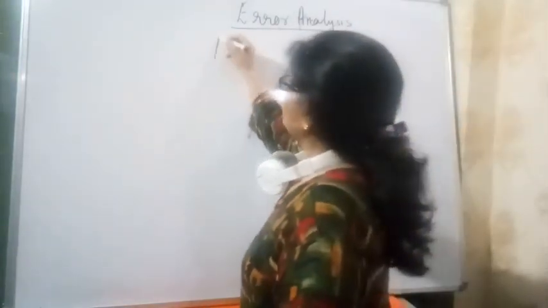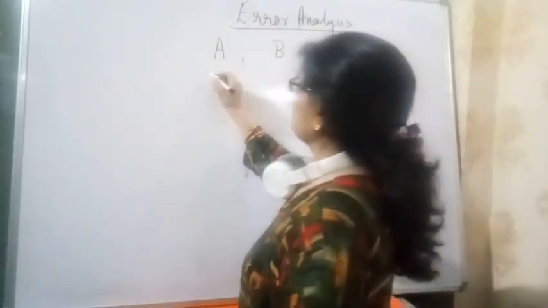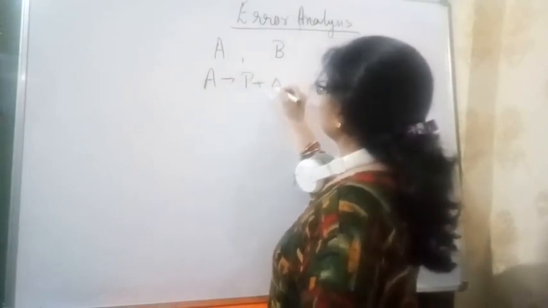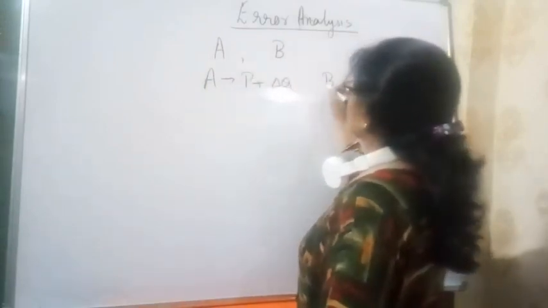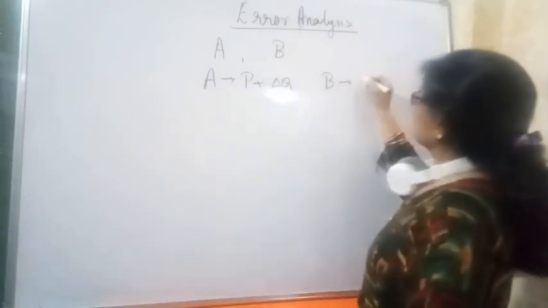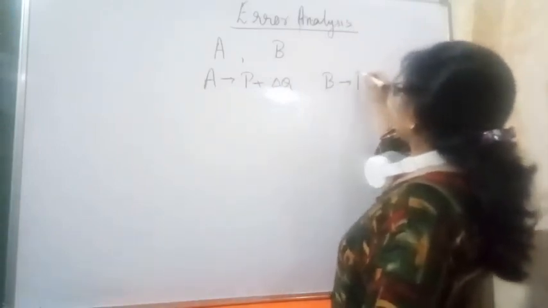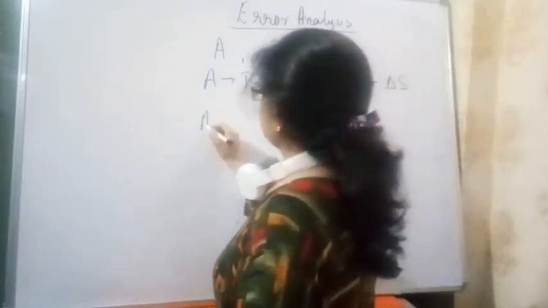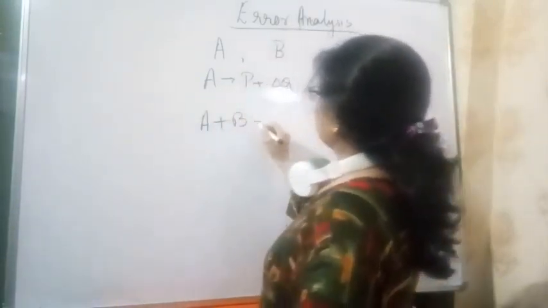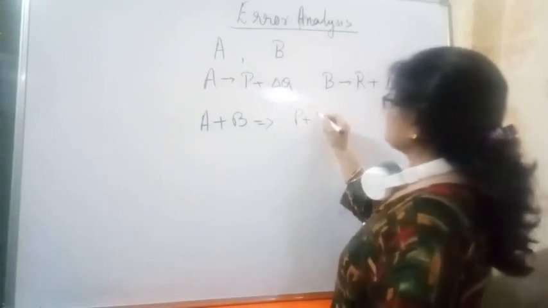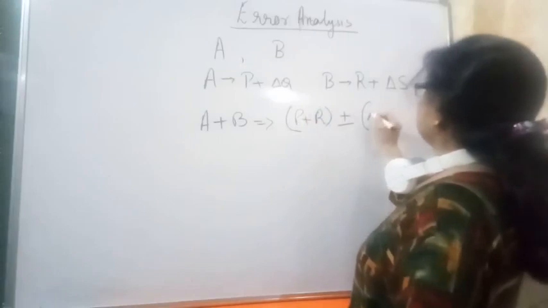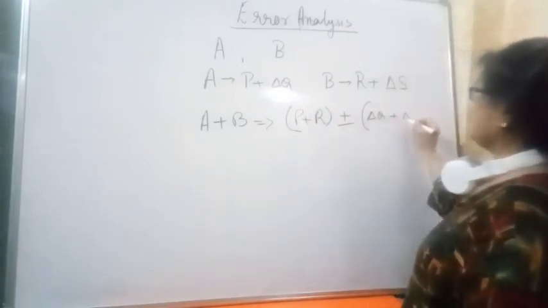Actually, when we have two things A and B, for example, the value of A is P plus minus delta Q and the value of B is, for example, R plus minus delta S. When we add A plus B, we have to add P plus R, plus minus delta Q plus delta S.